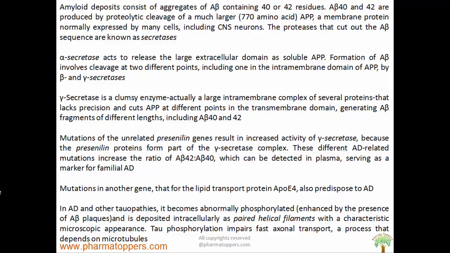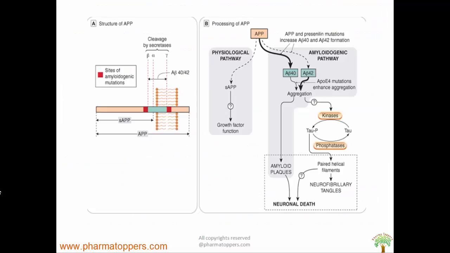In Alzheimer disorder and other tauopathies, it becomes abnormally phosphorylated, enhanced by the presence of A beta plaques, and is deposited intracellularly as paired helical filaments with characteristic microscopic features. When the cell dies, these filaments aggregate as extracellular neurofibrillary tangles. Tau phosphorylation impairs fast axonal transport, a process that depends on microtubule stability.